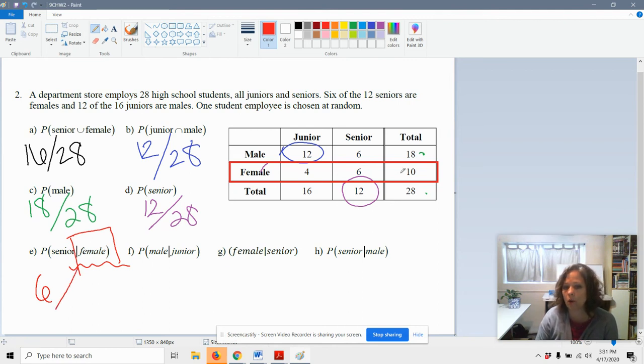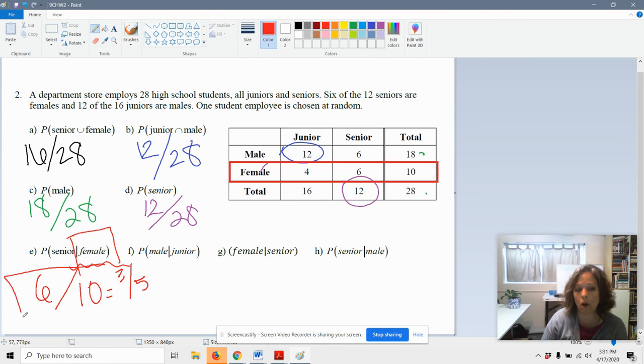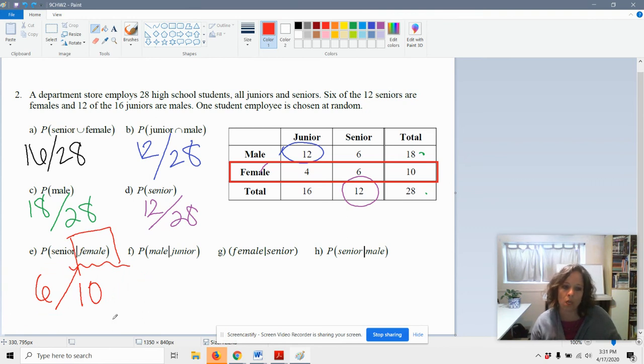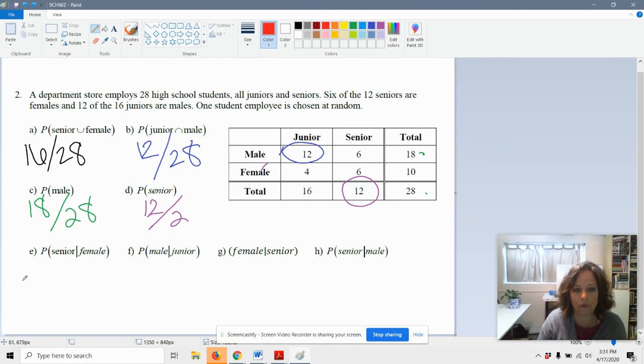The total number altogether in that female category is 10. So that's our answer. Now, you can simplify this fraction like all of the other ones. That's 3/5, right? You can do it in decimals, but I'm also allowing you to just leave it in that original fraction, okay? So I'm going to move on to part F. Senior given female, we're saying, is 6/10.